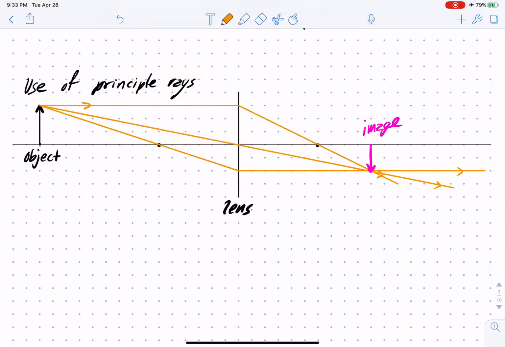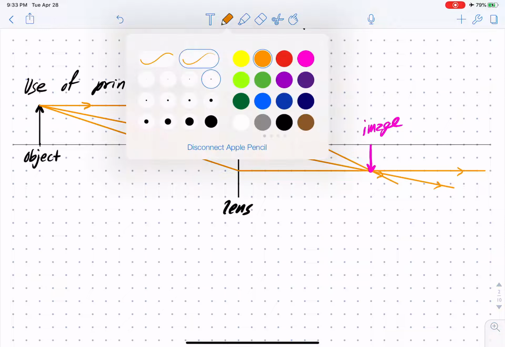Now, the other rays that leave from here also hit the lens. They're not one of the principal rays, so we wouldn't really know where it was going to go. But we know that it has to go in the same place as the other one, so we just draw it so it does. Should use a different color for that one so we don't get it confused.